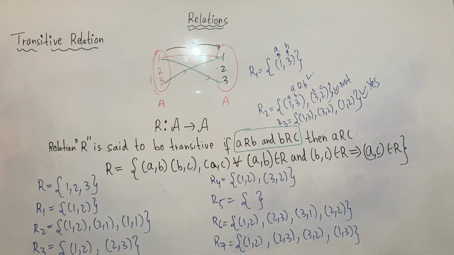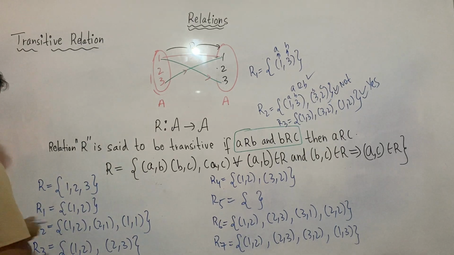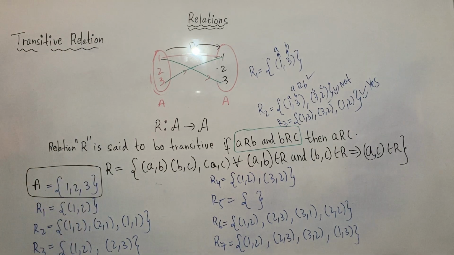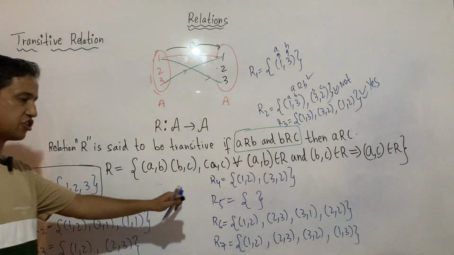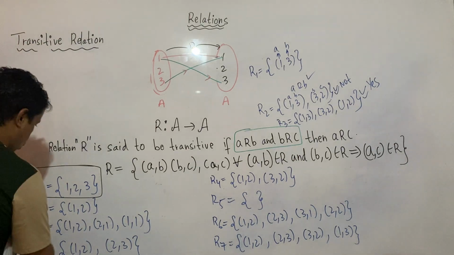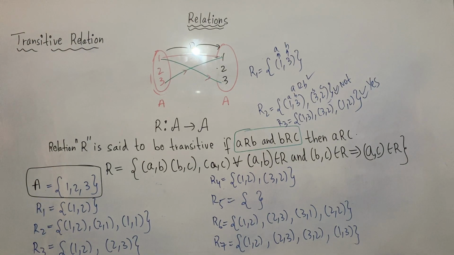Okay, let's start with number one. This is the given set, and R is the relation defined on this set A. So all these relations are defined on this set A. Now let's start with R1. R1 contains one ordered pair, which is (1, 2).